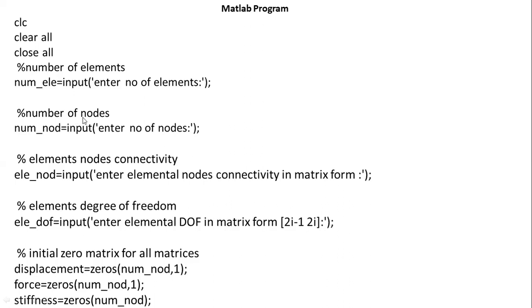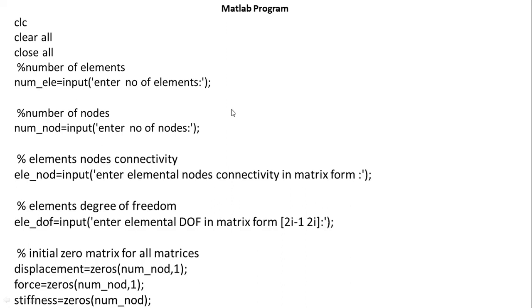Then second, number of nodes. Here we represent num node. This is also an input: enter number of nodes. In our problem there are only 3 nodes. Next, element node connectivity. It is useful to prepare the global stiffness matrix.